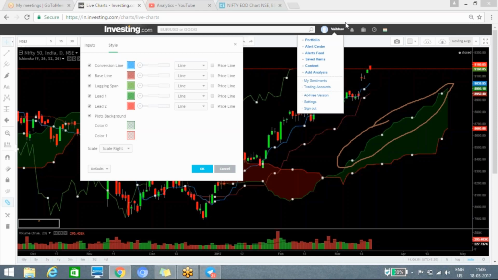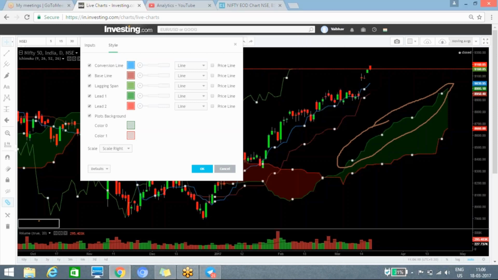And why do we call it a leading indicator? I told you in the beginning that it is a leading span. Why is it a leading span? Because it is actually plotting the average 26 periods in the future.